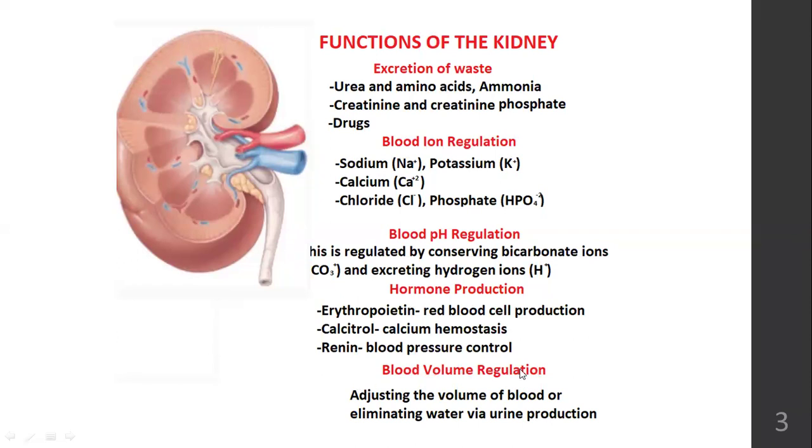Blood volume regulation as well: if there is too much blood volume, the kidneys will eliminate a lot of water. If there is too little blood volume, kidneys will try to save as much water as possible. These are the main functions of kidneys. In detail they have mentioned in the textbook, but if you have the understanding of these main functions, that is more than enough.